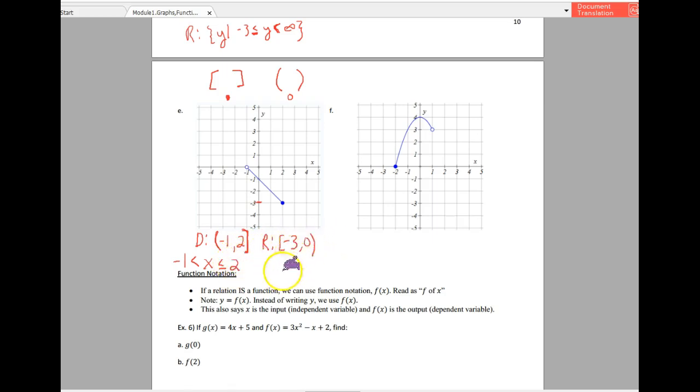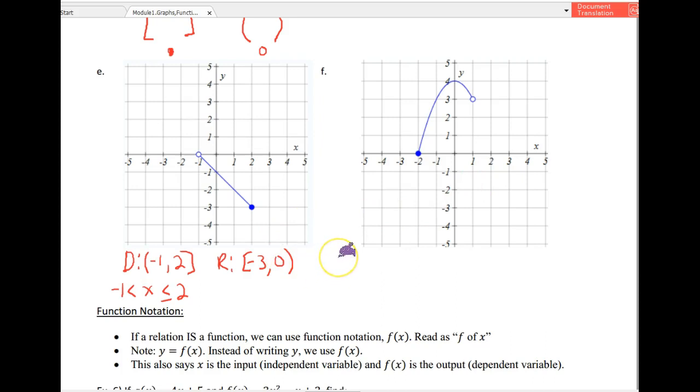The range will be the set of y values, which will be the lowest point of -3, less than or equal to, again with the bracket, I'm including that in my answer. Y, remember the range is the y values, how far up and down. Less than 0, again because of that parenthesis.